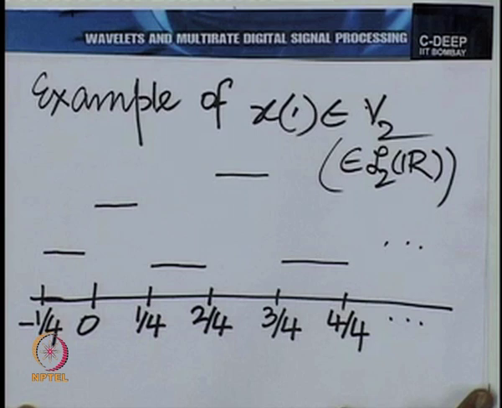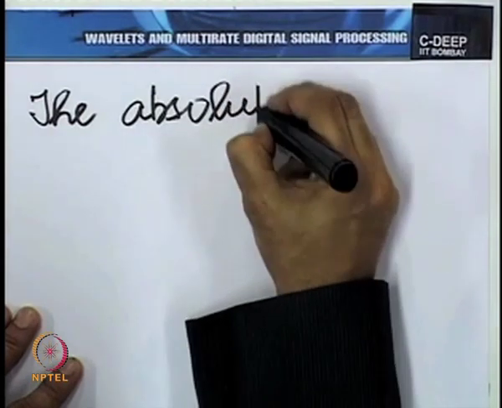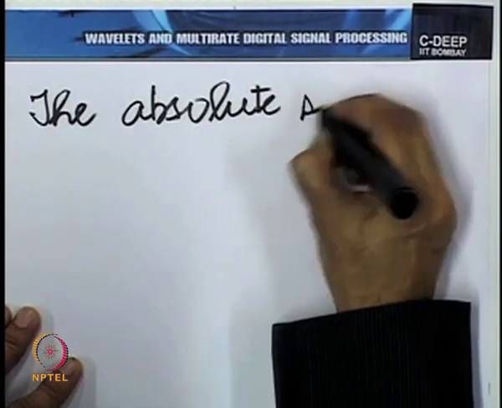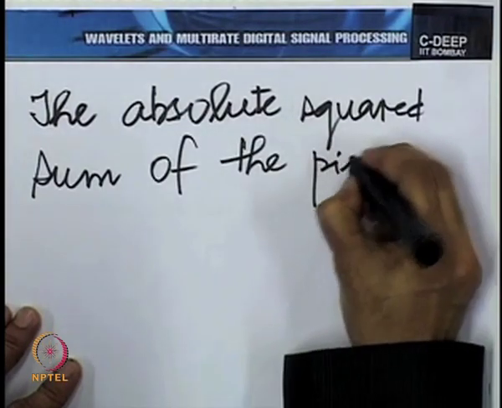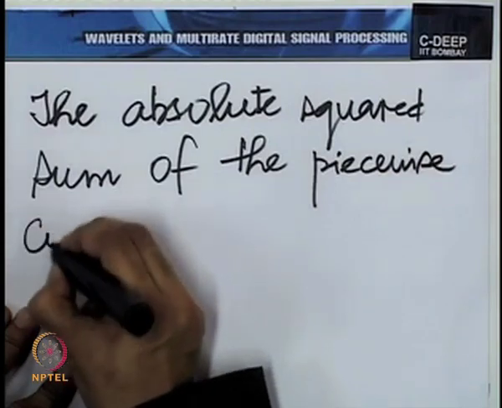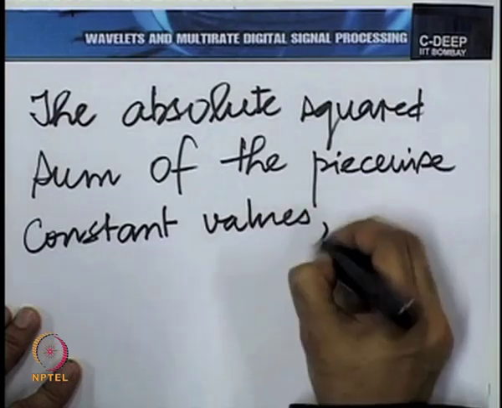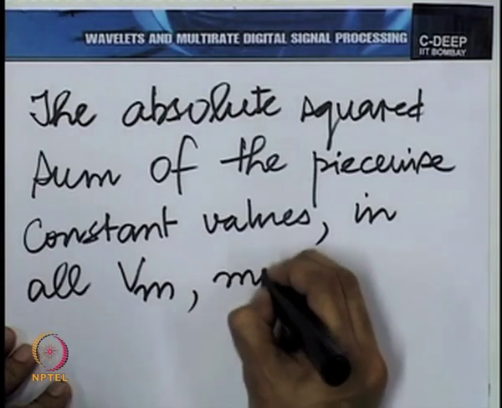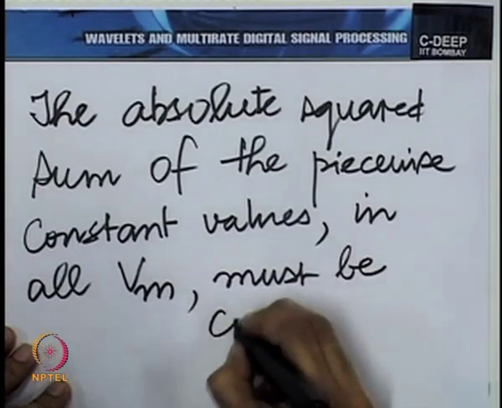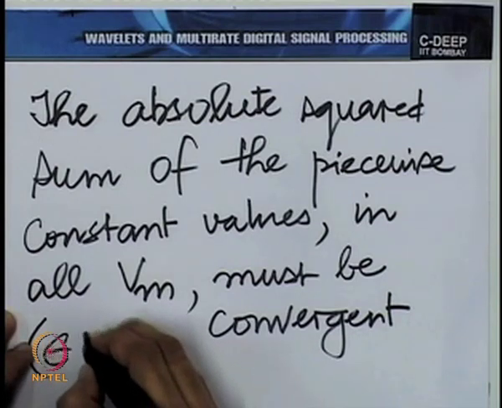So, we are saying the absolute squared sum of the piecewise constant values in all these V m must be convergent, and this follows from belonging to L 2 R.